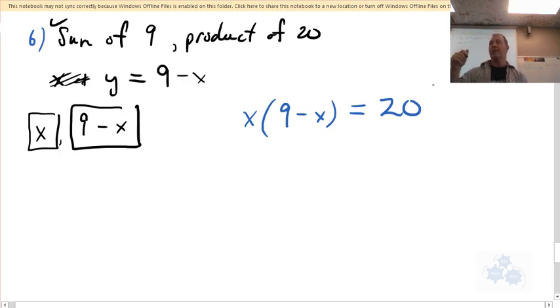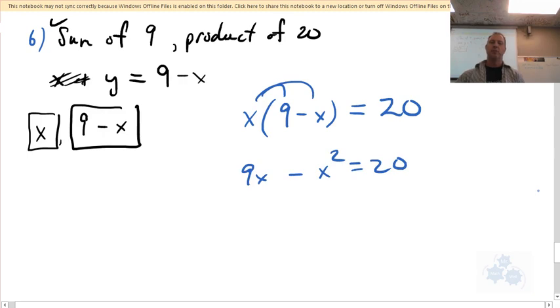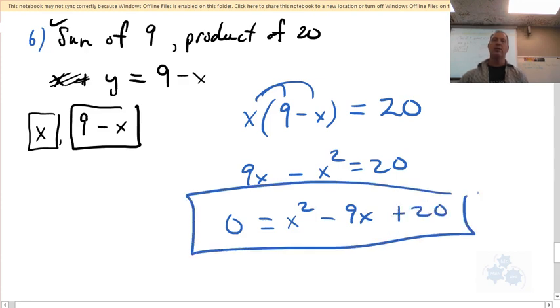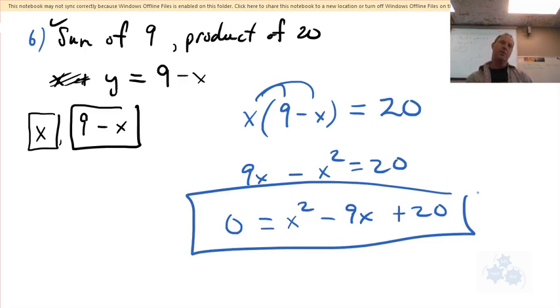That's a quadratic because when you expand this, it's 9x minus x squared equals 20. You see that? So this actually turns into 0 equals x squared minus 9x plus 20. Now you know how to solve this. So the word problems sometimes are going to ask you to create the equation given the information.